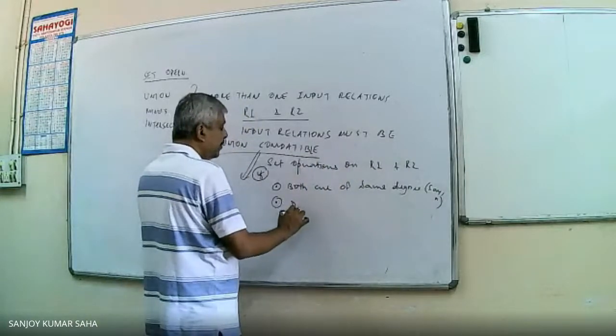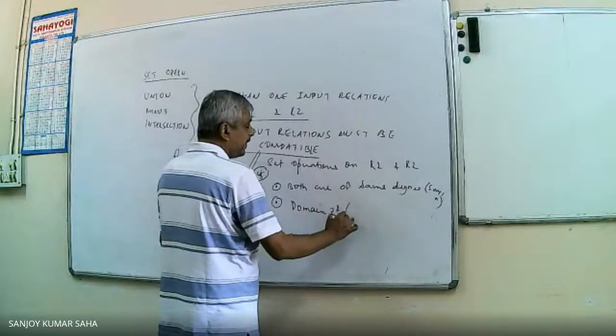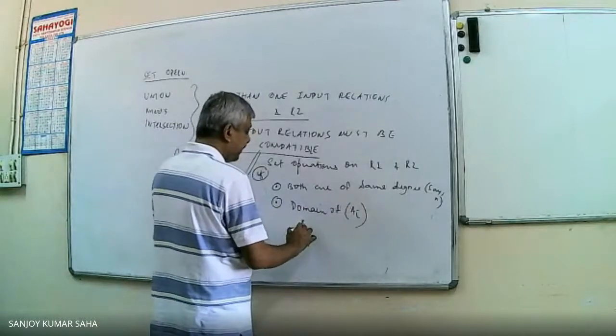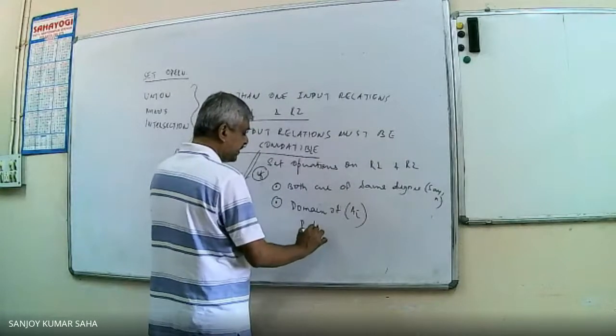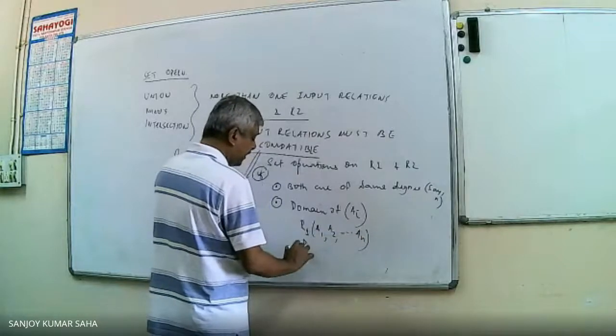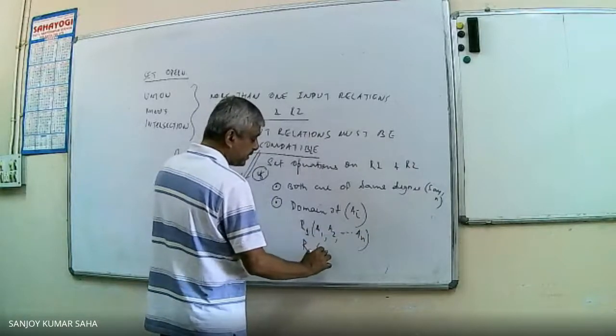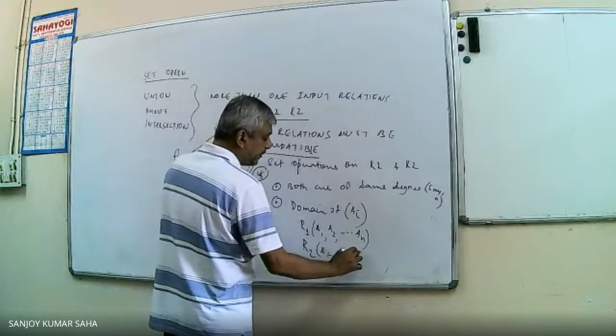And the domain of Ai, say the relation schema is A1, A2, ..., An, and both are of the same degree, and the other one is, say, the schema B1, B2, ..., Bn.